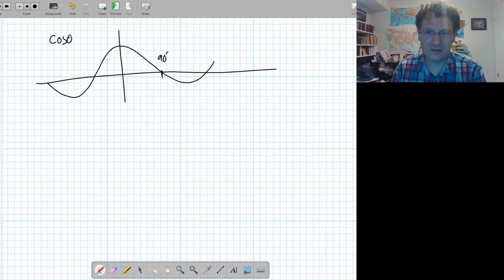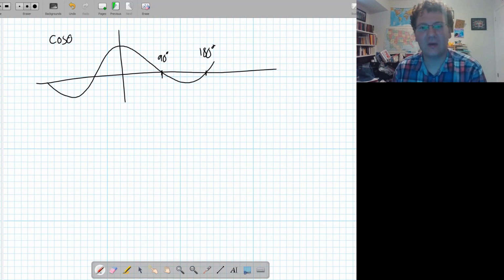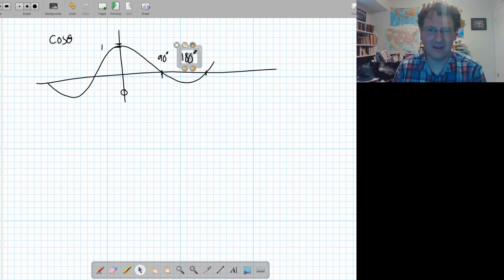This is 90 degrees, this would be 180 degrees. So the cosine of an angle is at most 1, and at 0 it's equal to 1. Let's just fix the mistakes I'm making. This is a very rough sketch. Really, we're concerned with angles between, say, 0 and 90, mostly.